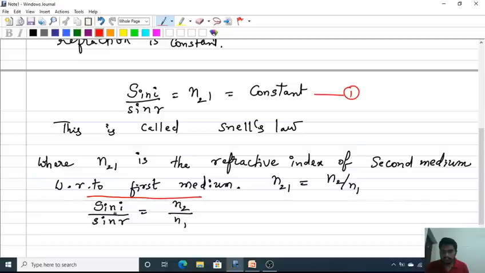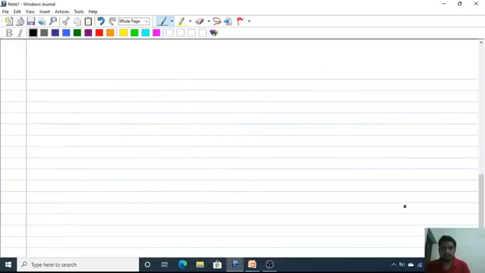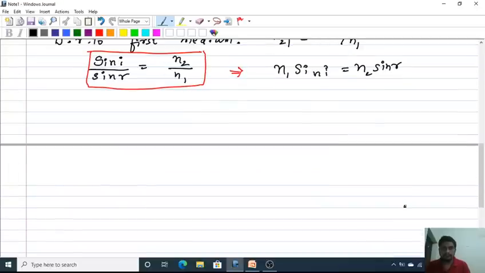This is another form, and it can also be simplified as n1 sin i is equal to n2 sin r. Okay, this is Snell's law.